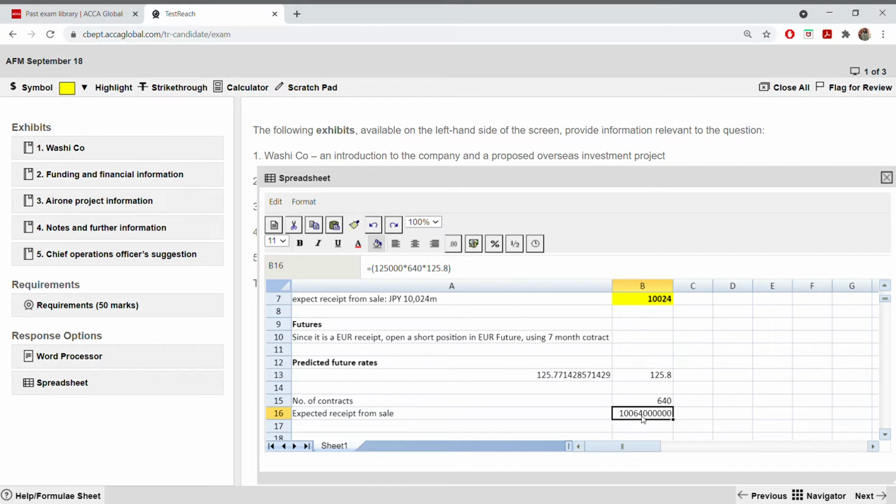In case you want to drop down the zeros, no, just keep 125,000 as it is originally.